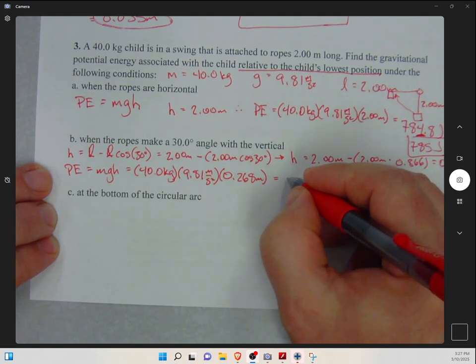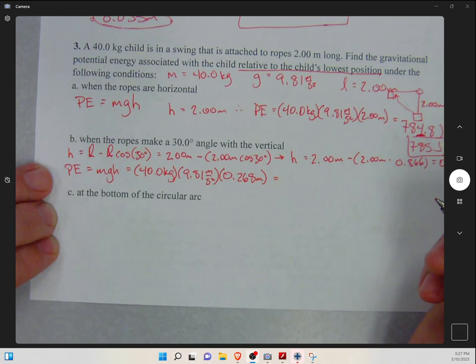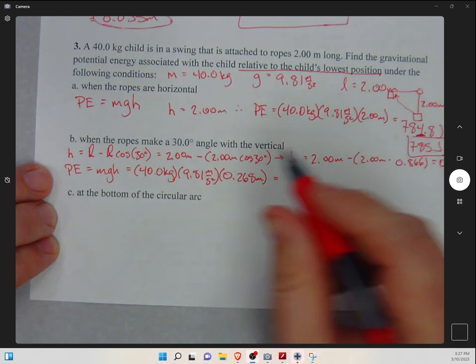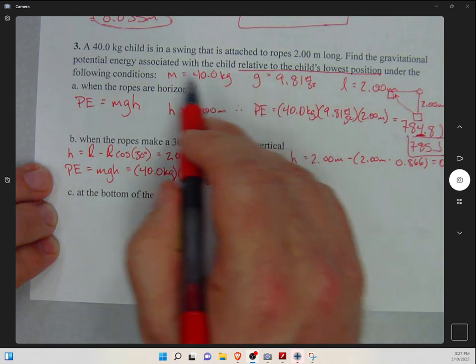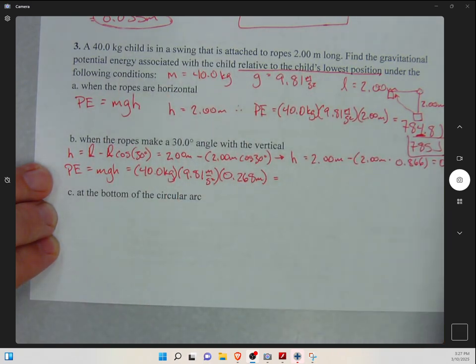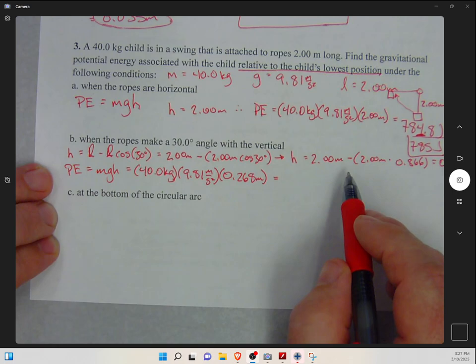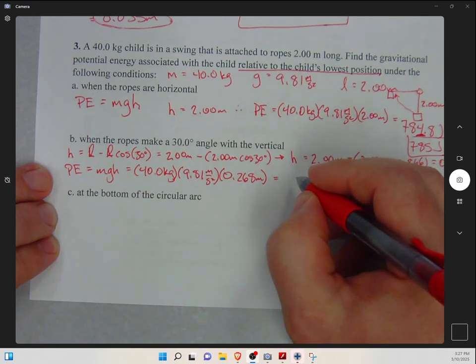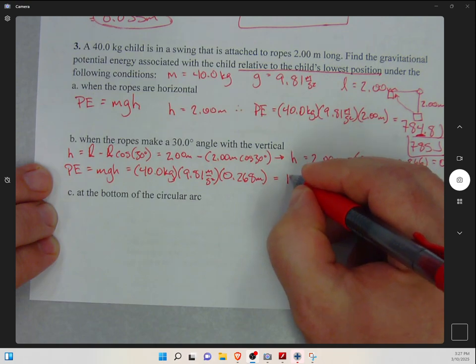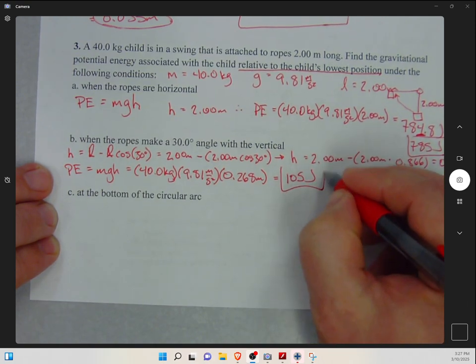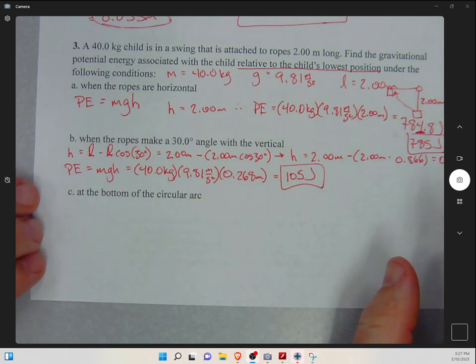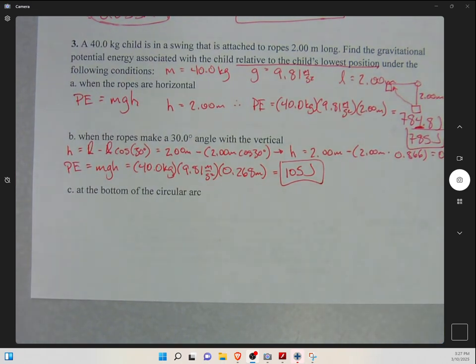And so I come up with, how many sig figs? I still want 3 sig figs, right? I didn't do any rounding, yep, we're still good there. So let's round that to 105 joules. And then we'll do our last scenario.